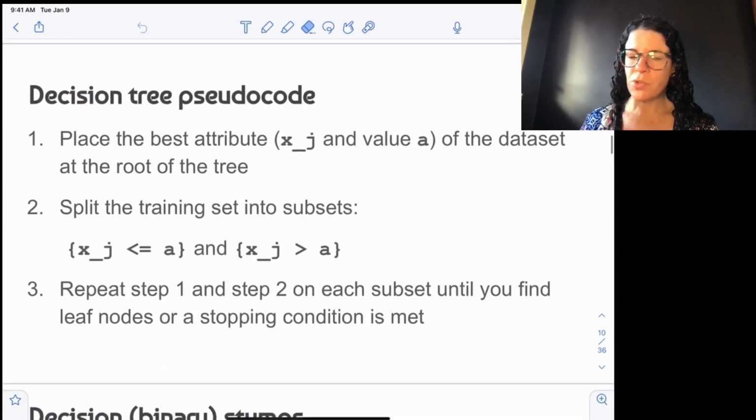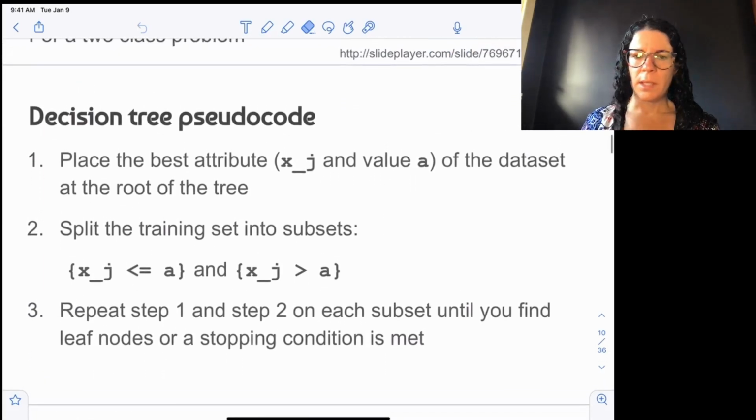So the tree fitting algorithm basically looks like this. You look at each of your attributes xj, and each possible value that divides your training data, and you split the data into two subsets, xj less than or equal to a and xj bigger than a, such that you minimize impurity.